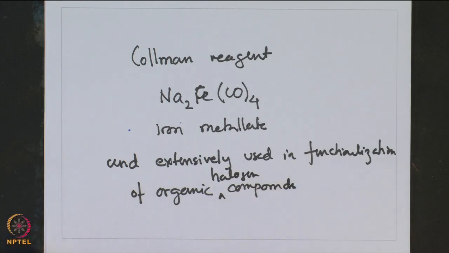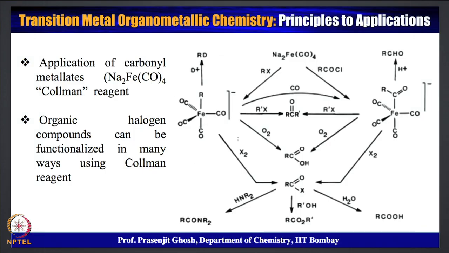So, here we see a very important application of this iron carbonyl metallate, which is called Collman's reagent, in day to day organic synthesis. I must note that this application is more in a stoichiometric fashion, in the sense that Collman's reagent is not a catalyst, it is just a reagent for performing this functionalization of organic halogen compounds, and hence its reactivity is done in stoichiometric fashion.